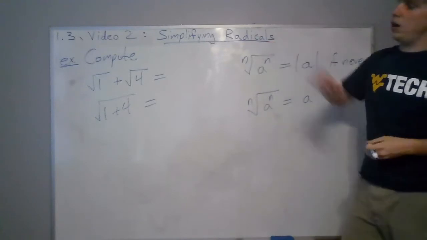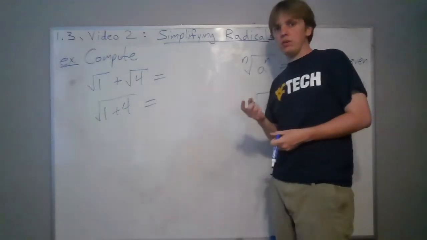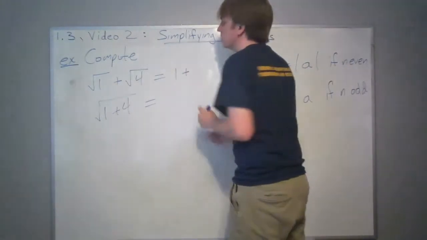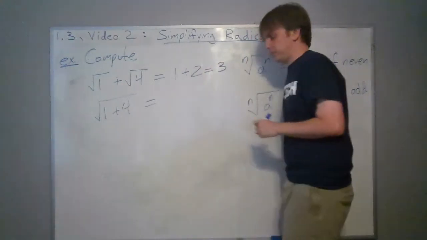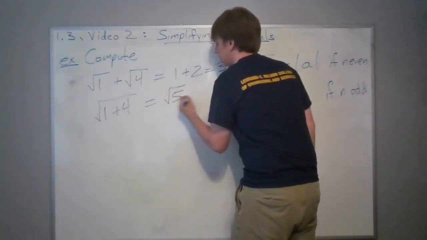Okay, so the top. Square root of 1 would be 1. What number times itself is equal to 1? It would be 1. What number times itself spits out a 4? That would be 2. 1 plus 2 is 3. 1 plus 4, on the other hand, is 5.